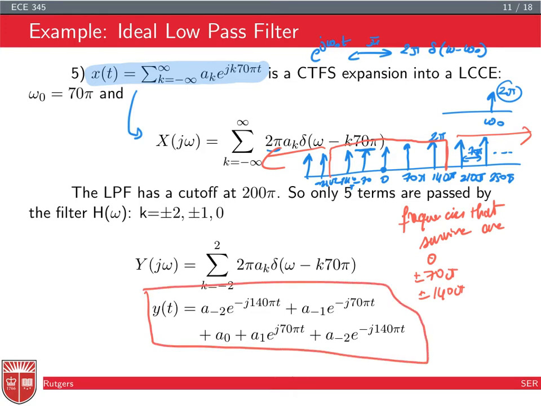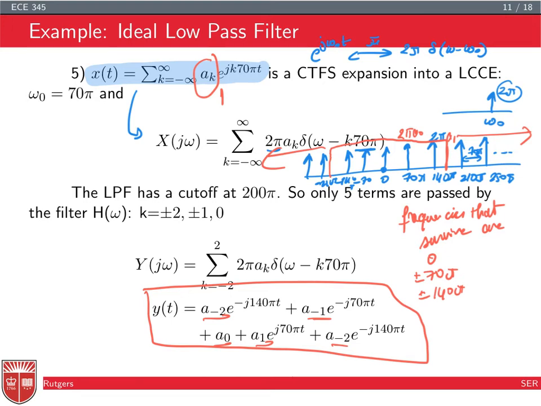This is the output. Now, here I assumed that the a_k's are 1. So here it should be 2π, for example 2π a_0, 2π a_1. So this is why you have these coefficients here, which is the magnitude at each frequency. It's basically telling you the energy of the signal at each frequency. Okay?